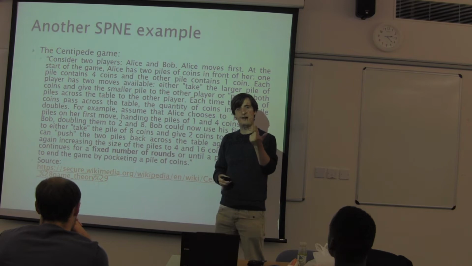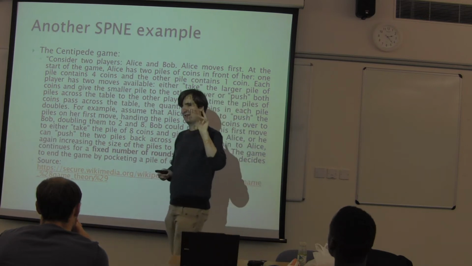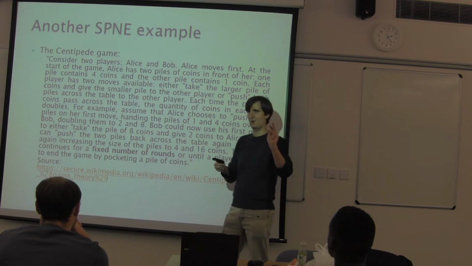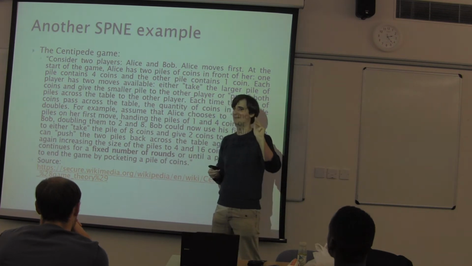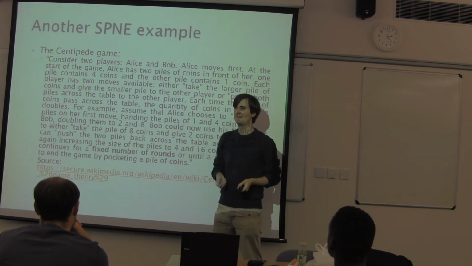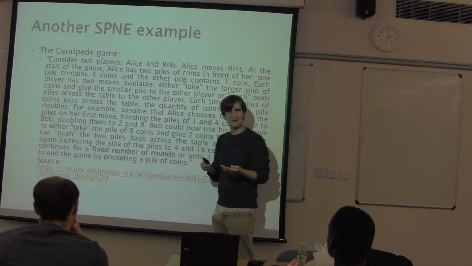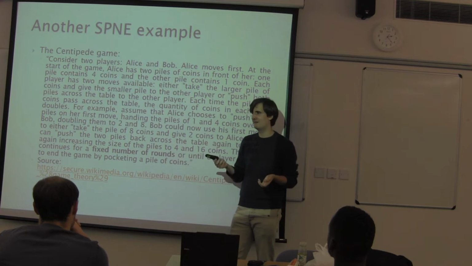So we need 4, 8, 16, 32. We're going to play this game, and it's going to stop when one of the piles of coins has 32 coins on it. So the most you can win from playing this game is 32 times 20p, so that's £6.40.